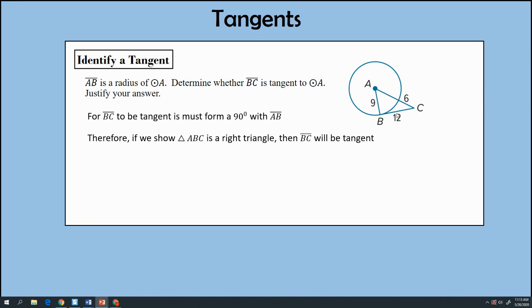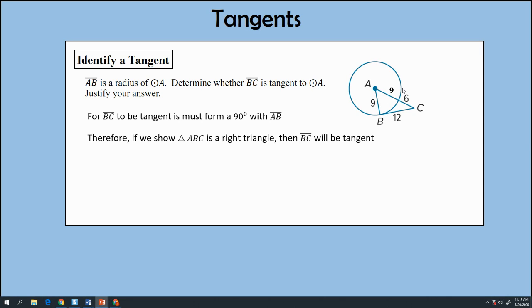The way we're going to prove whether BC is a tangent line or not is to see whether this triangle, ABC, is a right triangle. We're going to use the Pythagorean theorem. If this is a right triangle, then BC is tangent. If it's not a right triangle, then BC is not tangent.